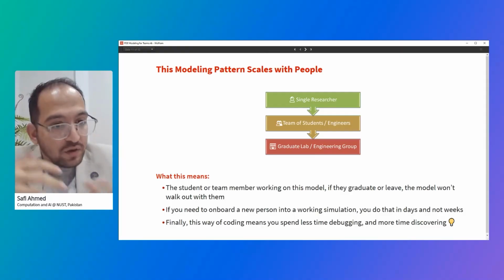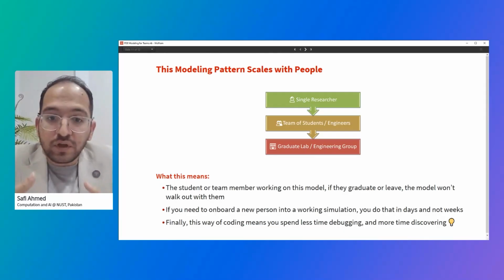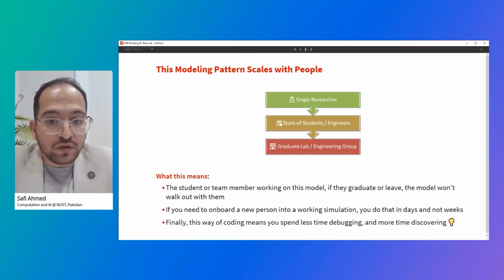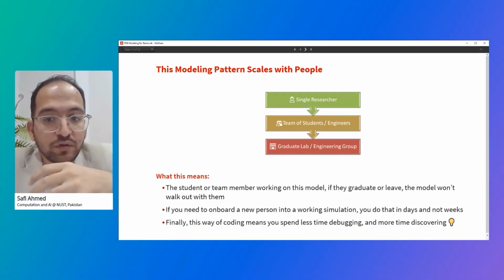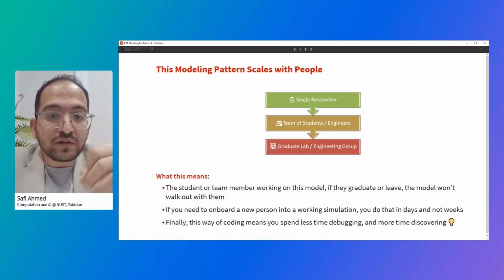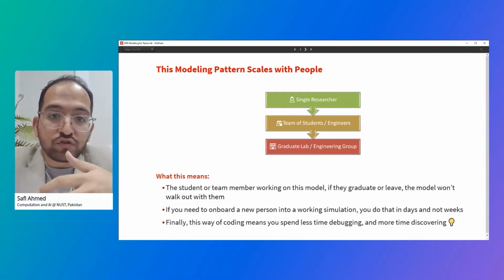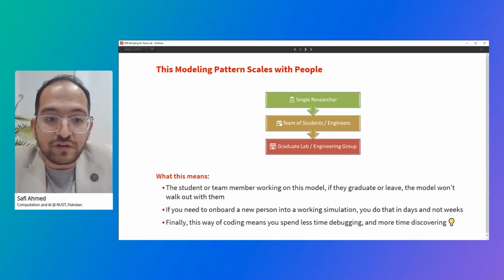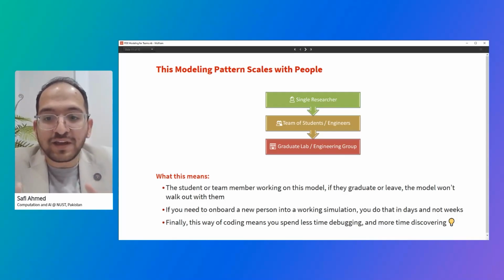Similarly, if you need to onboard a new person into your team or into a working simulation, you can do that not in weeks but in days. It will take a lot less time for them to understand your code if you have this approach to modeling your physical systems. And finally, this way of coding means that you spend less time debugging and more time discovering.